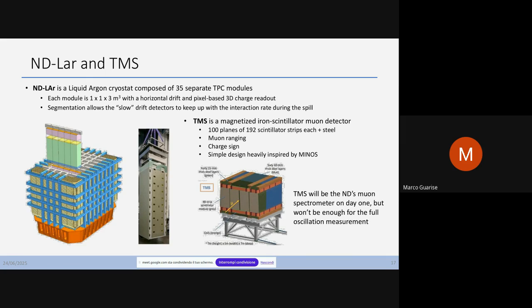So now it's just planes of scintillators and steel here, to measure basically the muons that escape from the NDLAr.